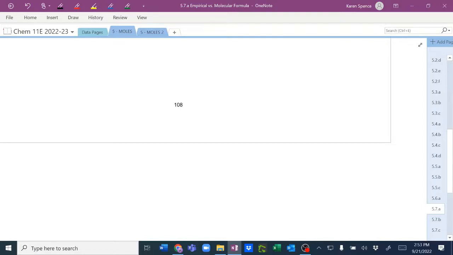It is 23.73 grams. So I did not press tear in between, so that is the mass of what? The crucible and the steel wool.